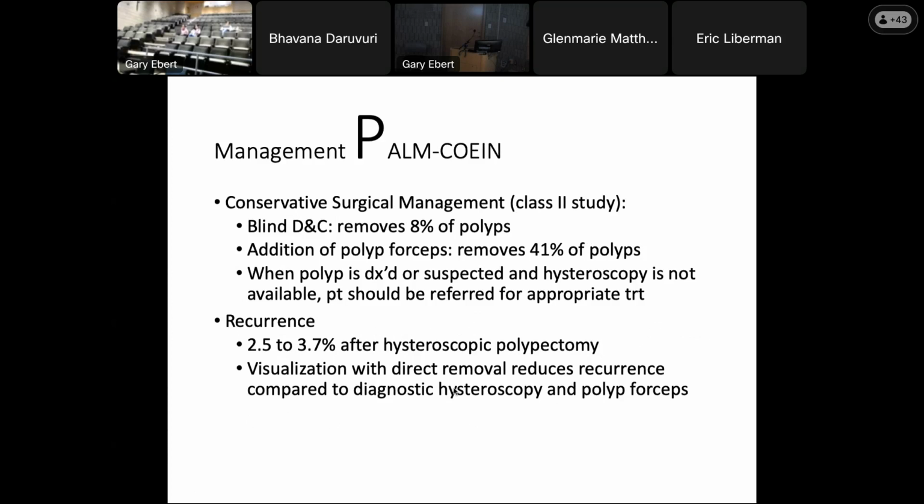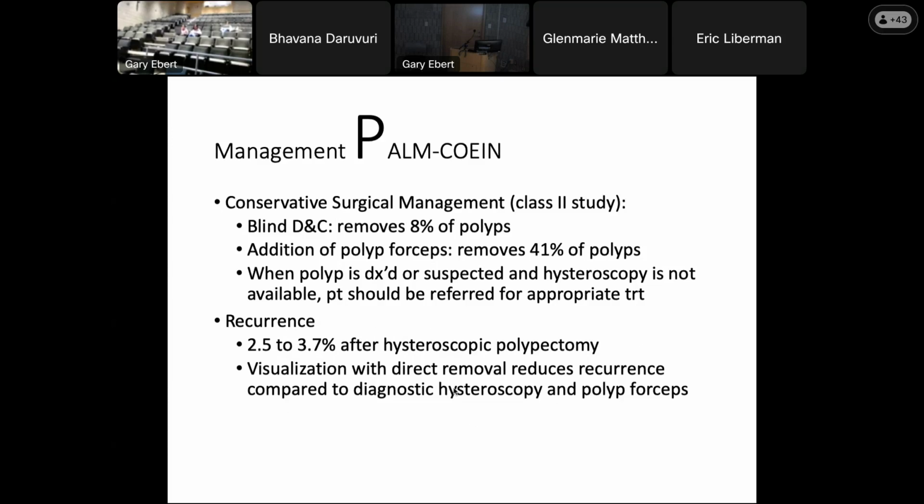So, arguing in favor of hysteroscopy: I hope that people have gone away from just doing blind D&Cs when they're dealing with abnormal uterine bleeding. Blind D&Cs only remove 8% of polyps. Adding polyp forceps removes 41%. But when you add hysteroscopy, that number goes closer to 100%. It's important to let your patients know about recurrence after removal of polyps.